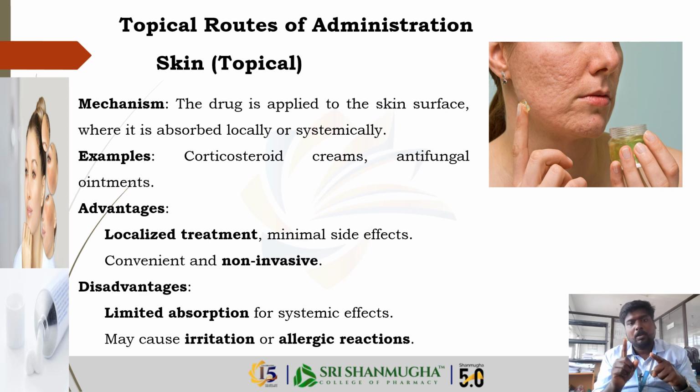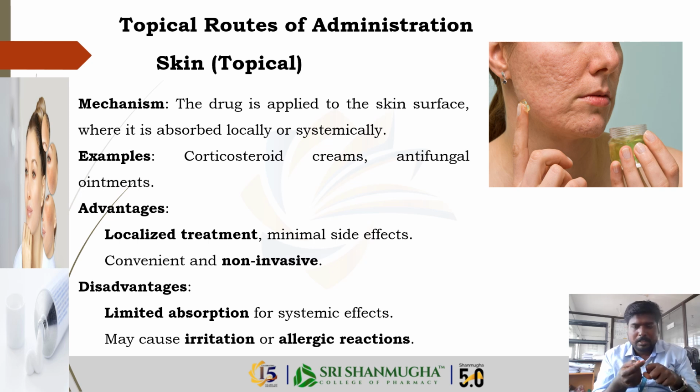We already learned about the systemic route and the local route of drug administration. So this topical route is mainly focused on both. For example, when you apply a cream on the local surface of your skin, a particular local action may be produced, like an antifungal effect.